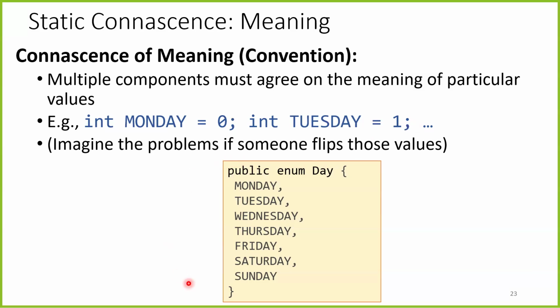Or you may end up defining an enum for day, weekday for instance, and there you define them like this. Whatever we do, we have to agree on the connaissance of meaning. What conventions are we going to use? If we use this one, then you have to look up the API to check what Monday means, what Tuesday means. And if you do it like this, it would be a bit more straightforward.